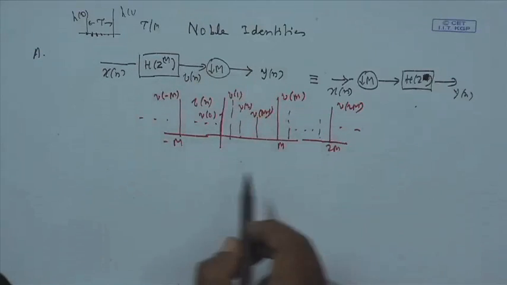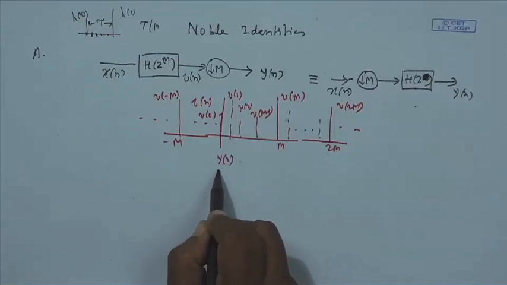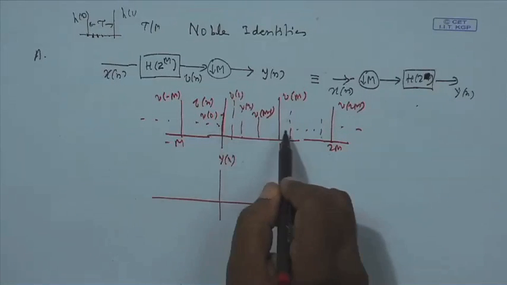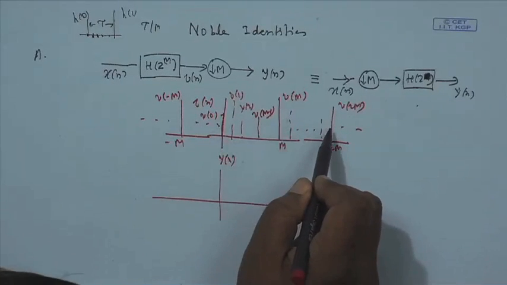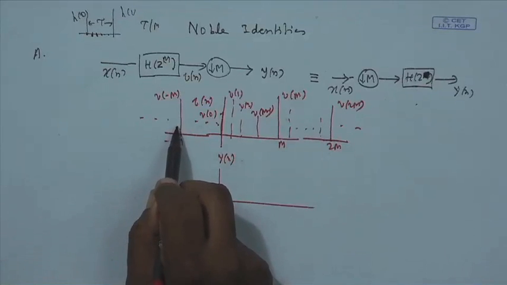After you decimate, you get y n. But what is y n? y 0 will be v 0, y 1 will be the Mth sample here, y 2 will be the 2Mth sample, y minus 1 will be the minus Mth sample.